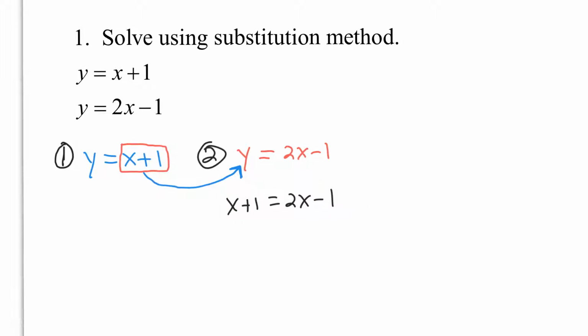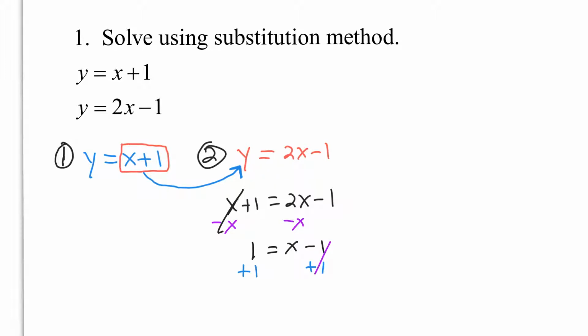There's an x on the left, there's an x on the right, so we can get x by itself. So I'm just going to get the x's on one side. I'm going to do the opposite of the smallest x, so minus x here. And I'm going to solve. This is gone. Positive 1 equals 1x minus 1. Now I do the opposite of the constants. I add 1 to both sides.